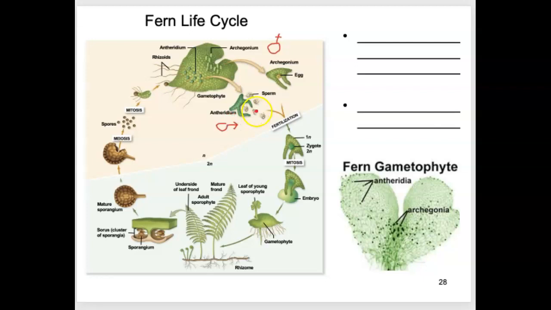The sperm then swim, so remember flagellated sperm using water, swim over, meet up with the egg to fertilize the egg. Now that's going to be on the gametophyte where fertilization is going to take place. Fertilization, you get a zygote. The zygote will start to grow and develop and physically grow out of the body of the gametophyte.